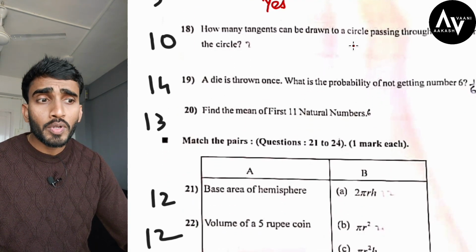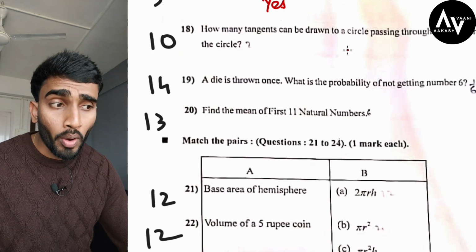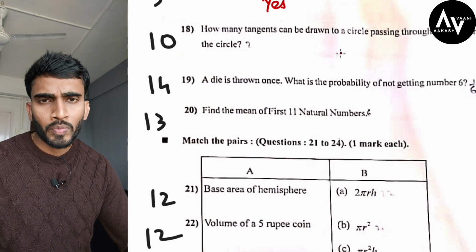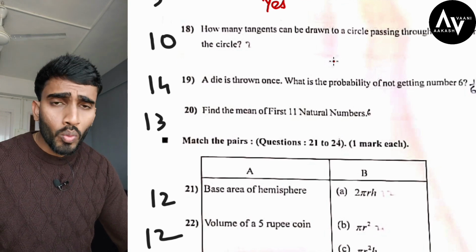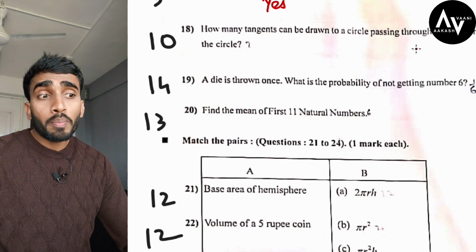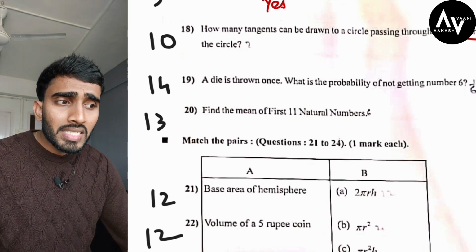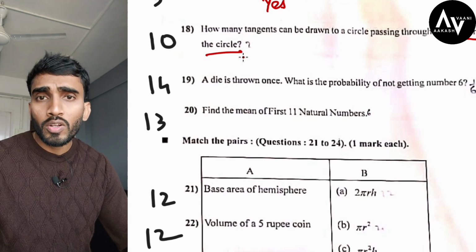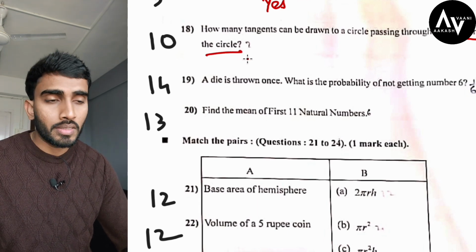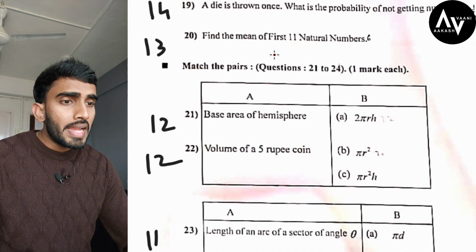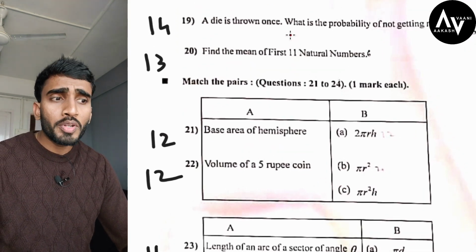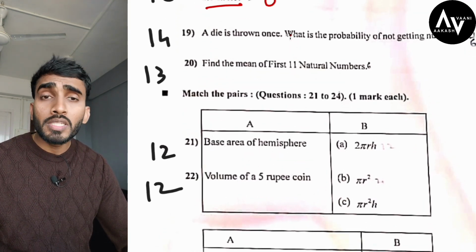How many tangents can be drawn to a circle passing through a point lying inside the circle? We know that a tangent is a line which intersects the circle at only one point. If a point lies inside the circle, we cannot draw a tangent from it. So as a result, 0 is the answer. A die is thrown once. What is the probability of not getting number 6?